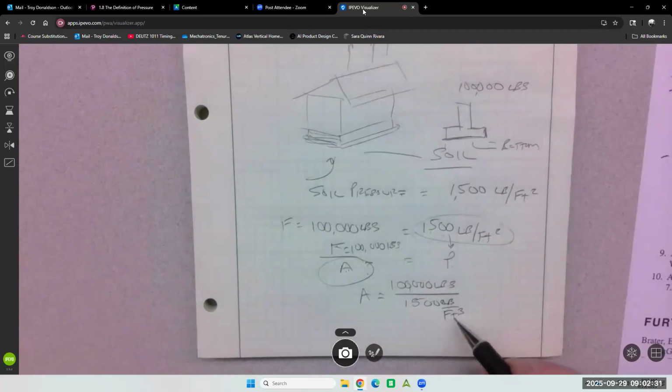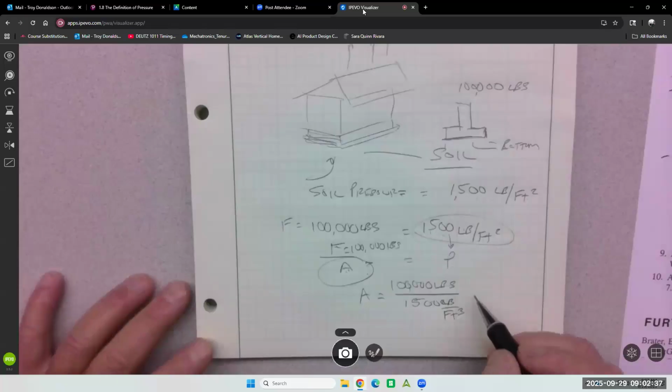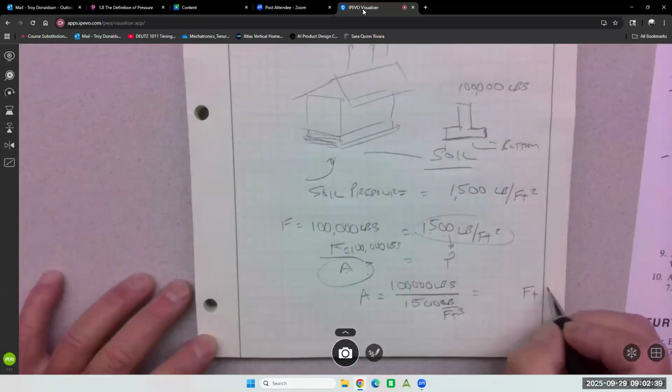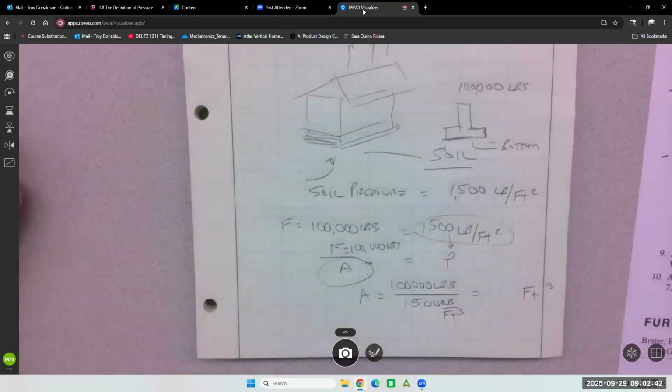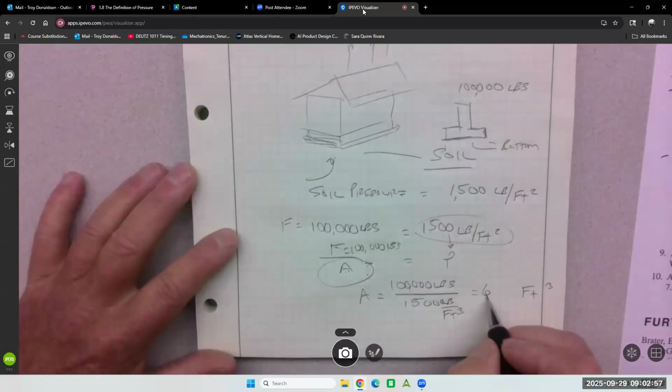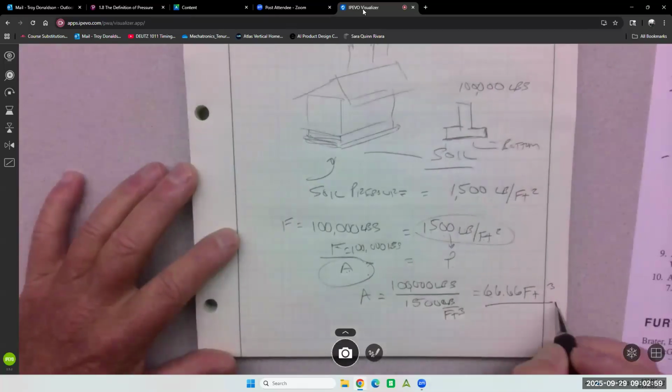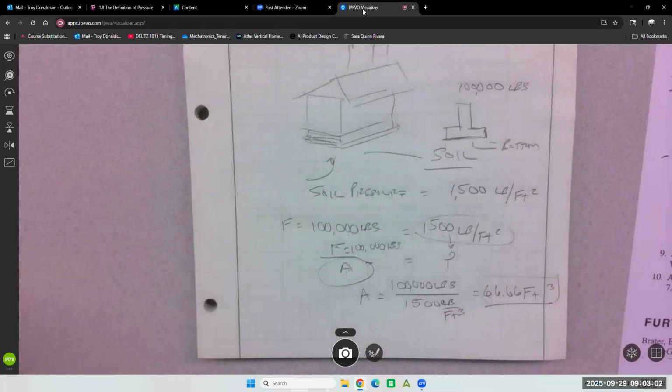The pounds cancel, and what happens to the foot squared? It goes up, and I'm going to be left with some number of foot squared. 100,000 divided by 1,500, I need 66.66 feet squared. That's how much area I need to carry this 100,000 pounds. It's not that much area. It's pretty small.